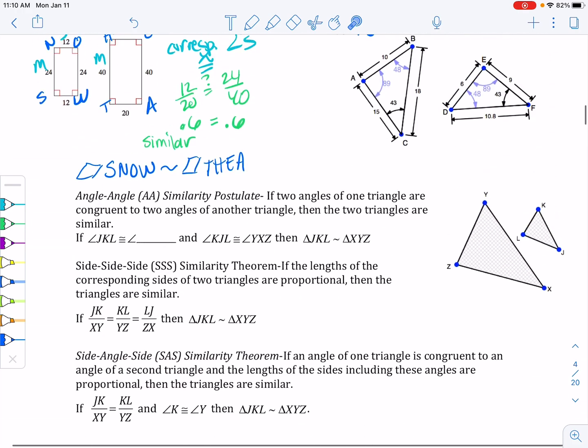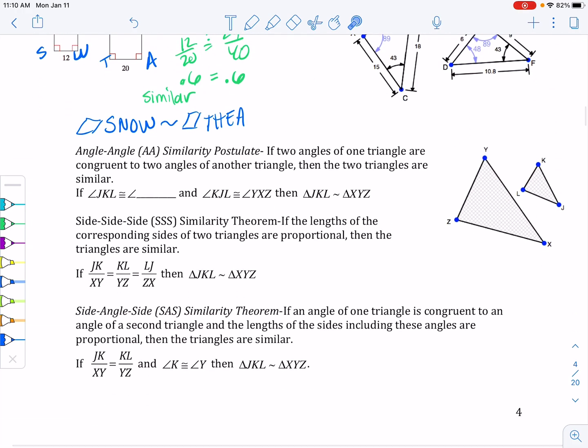So if we go to our notes, we have this theorem that's called the angle-angle similarity postulate. If two angles of one triangle are congruent to two angles of another triangle, then the two triangles are similar. And part of that is because when you know two of them, then you know the third one as well.